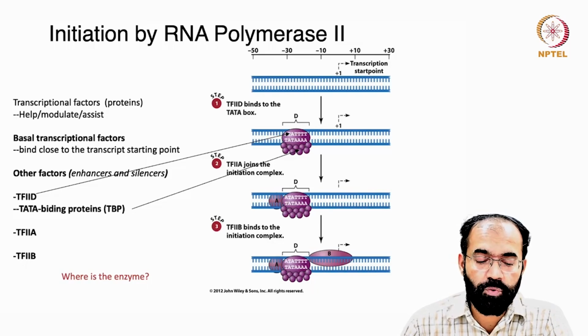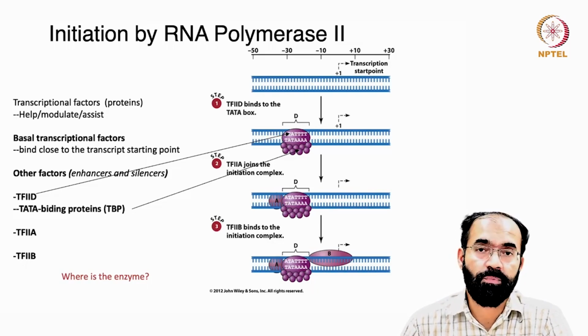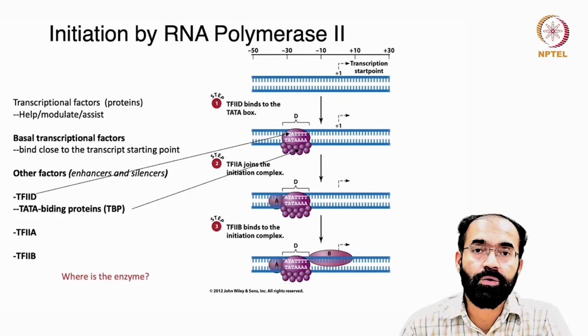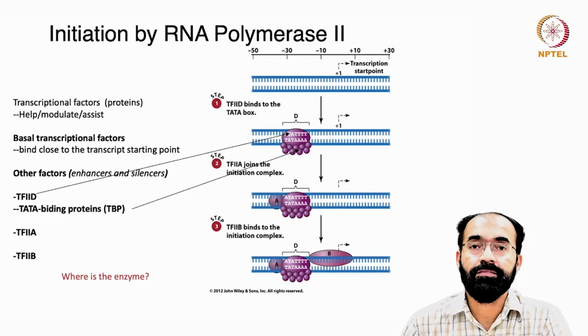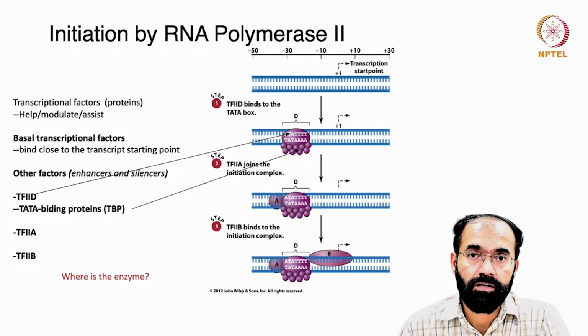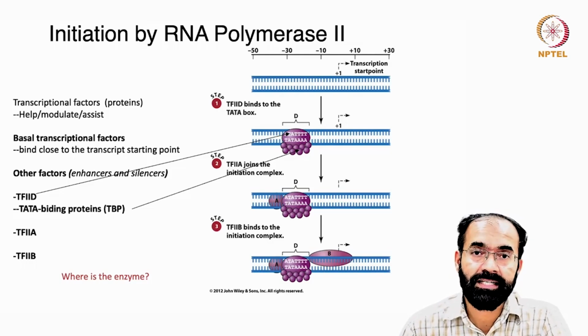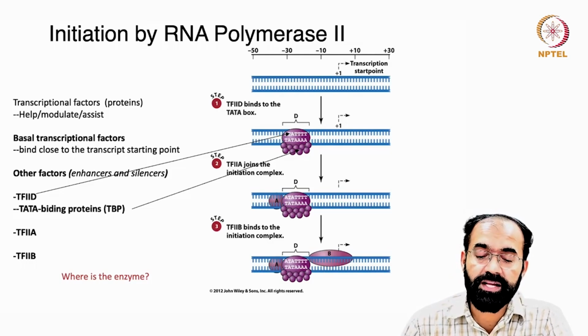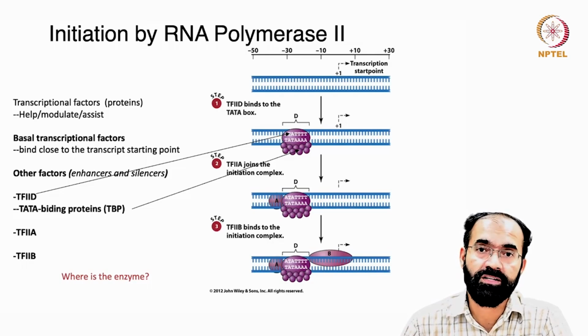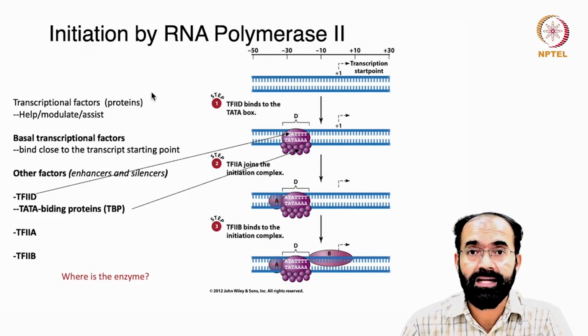If TF2A is coming to a promoter at first, then it may not find this spot attractive or worth starting a transcription initiation. So the presence of TF2D is very important for TF2A to find this place attractive.